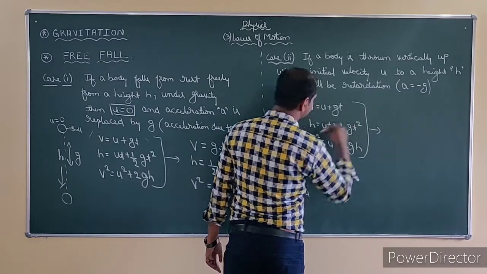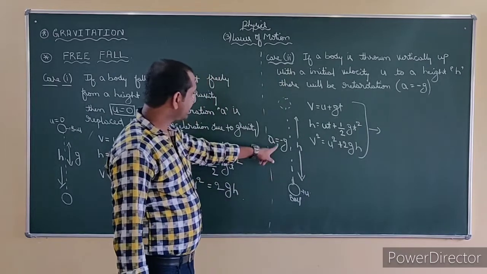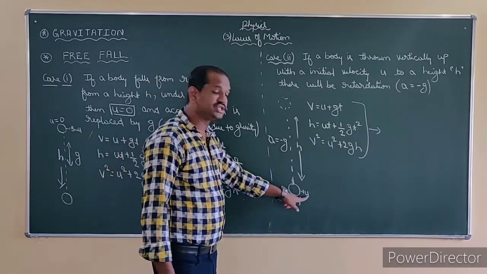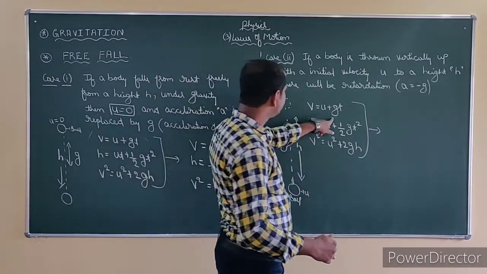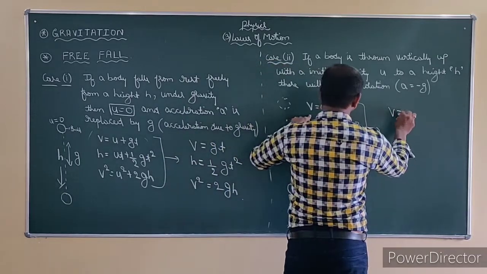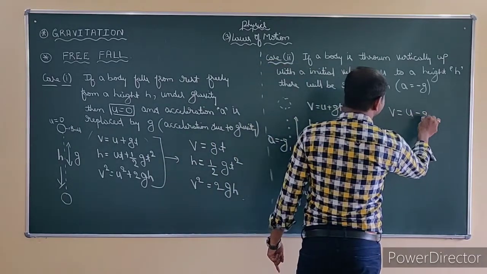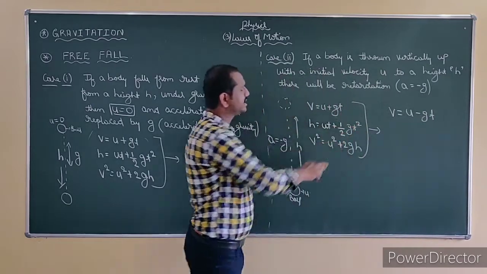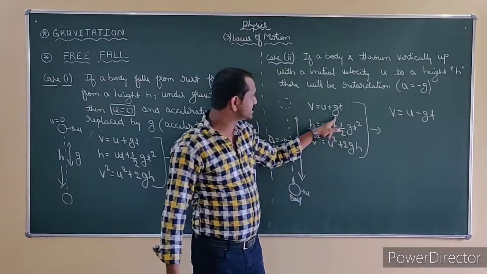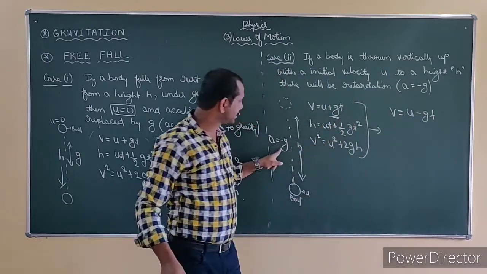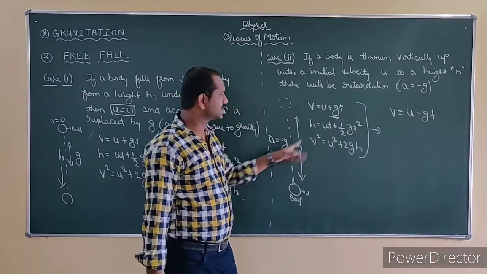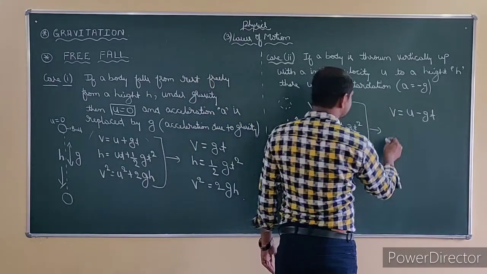Now we have acceleration negative, but initial velocity has a value. So this becomes v is equal to u minus gt. Why did it become minus here? The reason is this g is having a negative value. Understand? So v is equal to u minus gt.